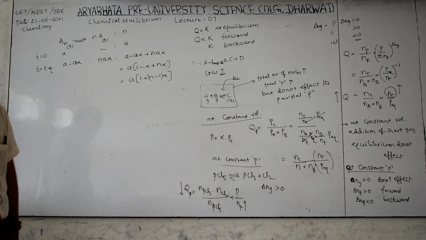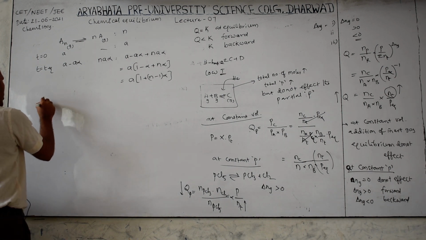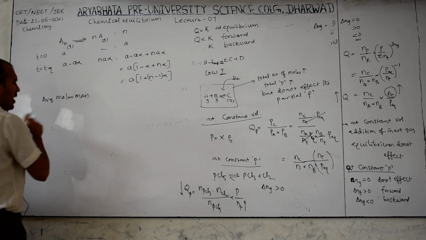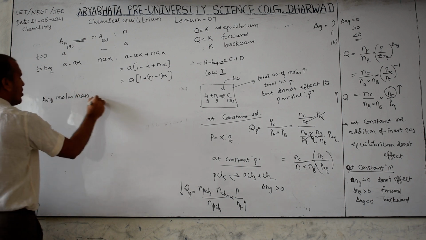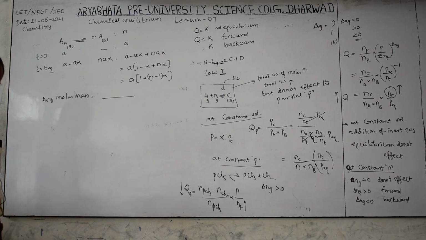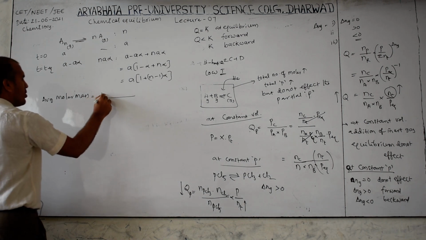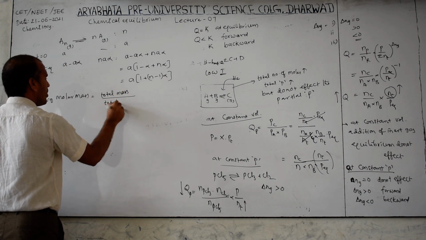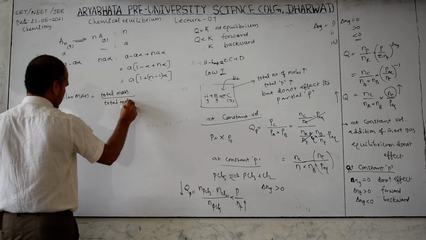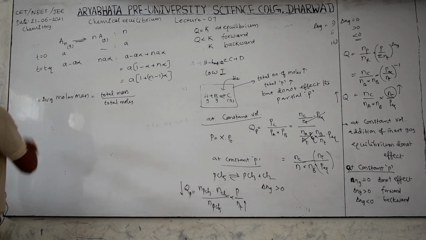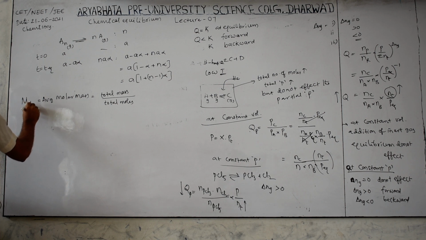Now if you want to calculate alpha, the average molar mass is equal to, what is the formula? Total mass by total moles. This is nothing but the observed molar mass.